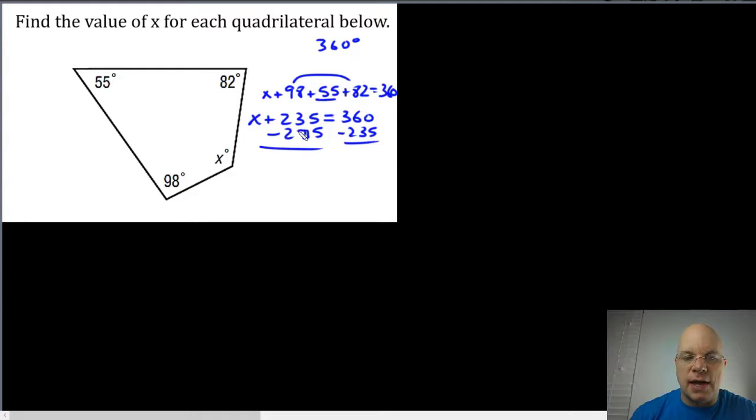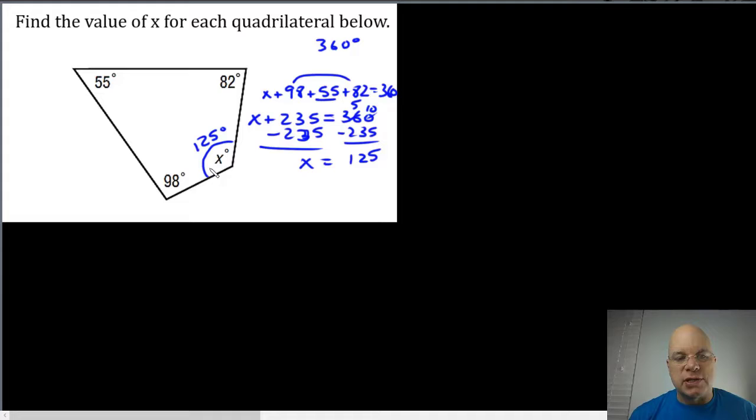On the left side you just have x, and on the right side you have 125 degrees.